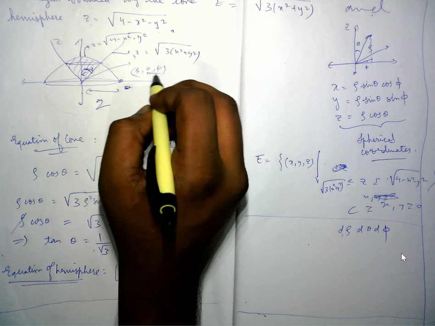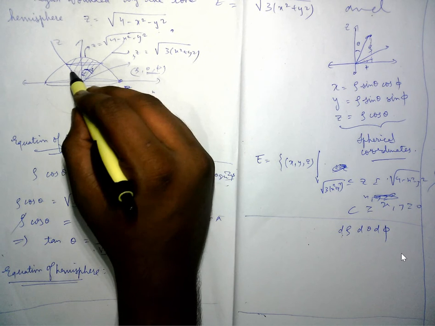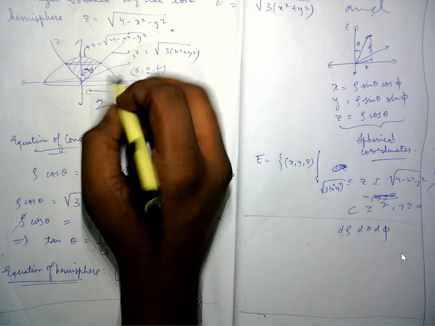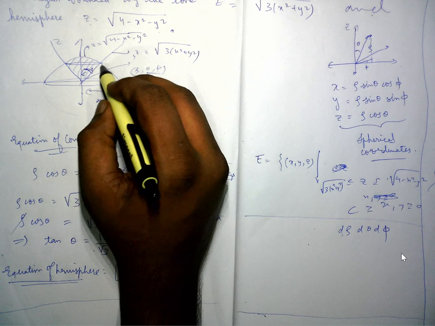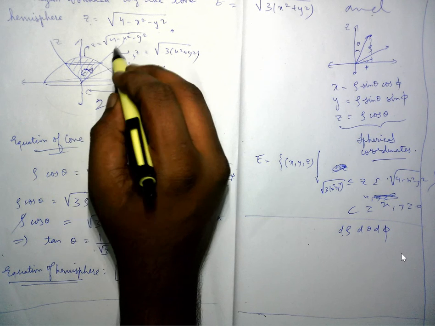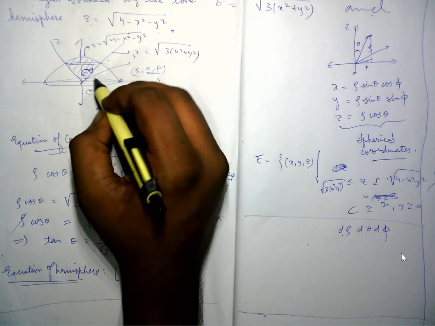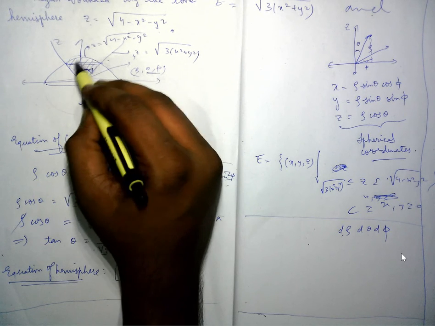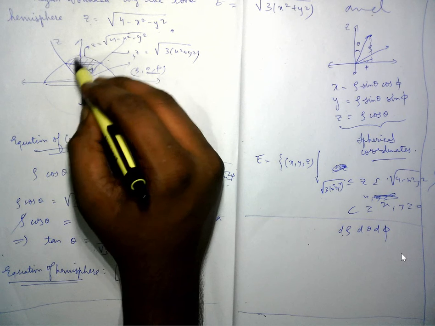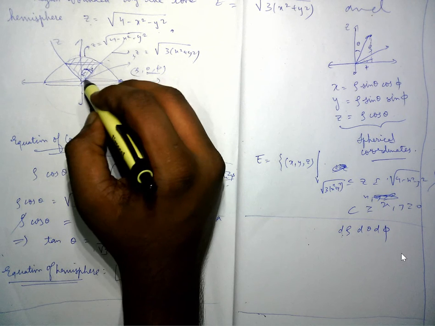Given any theta and phi, the value of rho is always between 0 and 2, because this whole region is still a part of the hemisphere.